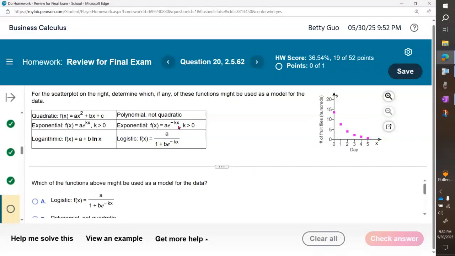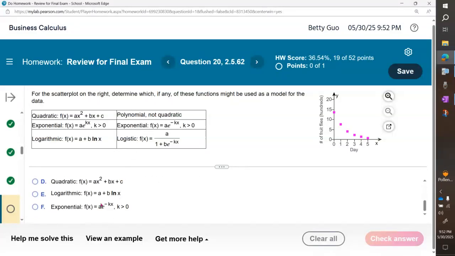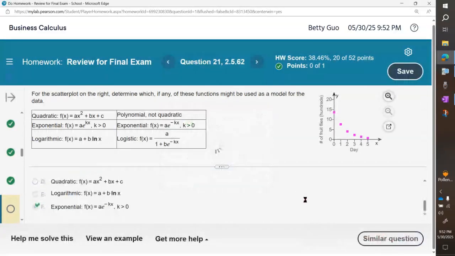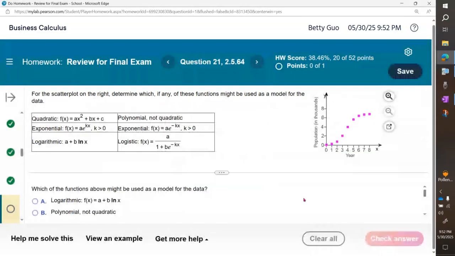Exponential decay is going to be this one, F. Same requirement, but the graph is different.